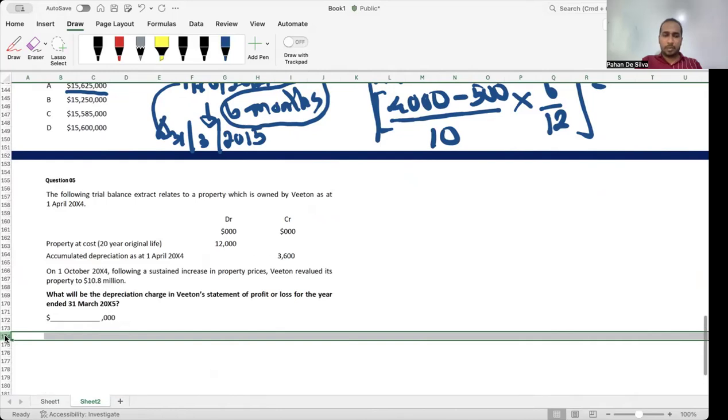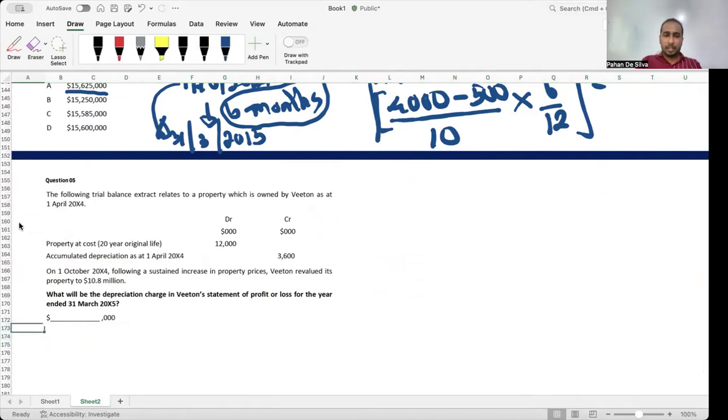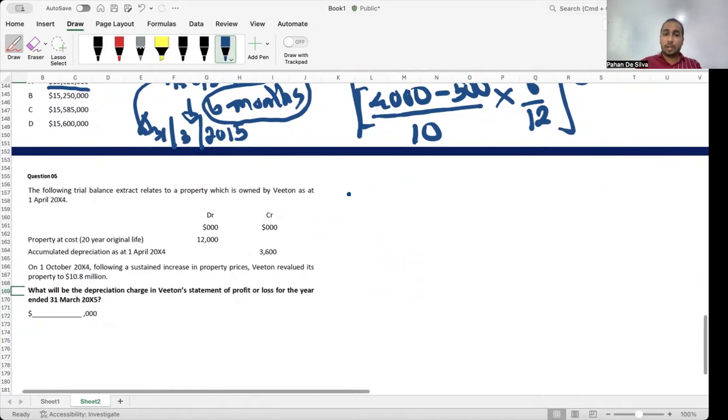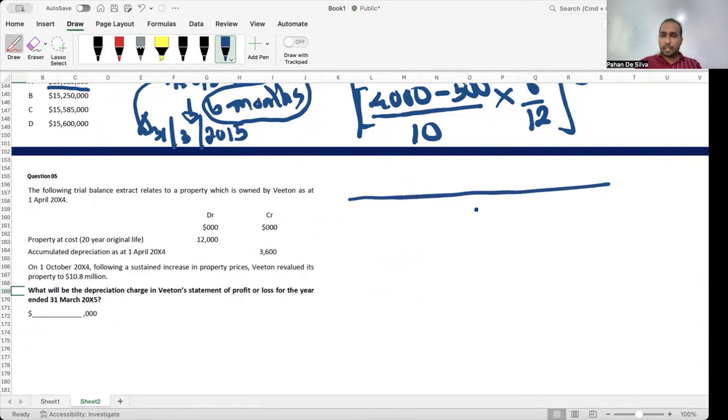Now they are asking about the depreciation charge. For that you have to apply your knowledge on revaluation as well, so I will show you the revaluation part too. I will take the property account. The brought forward balance of this property account is, in thousand terms, 12,000.